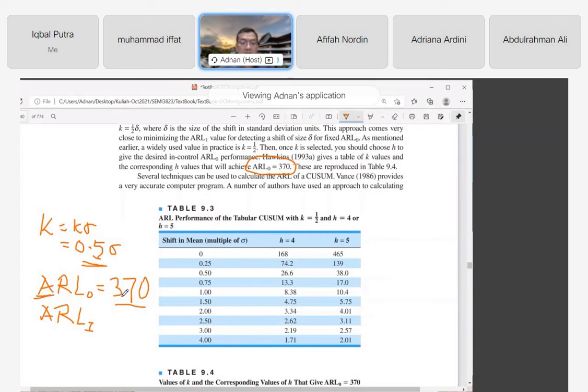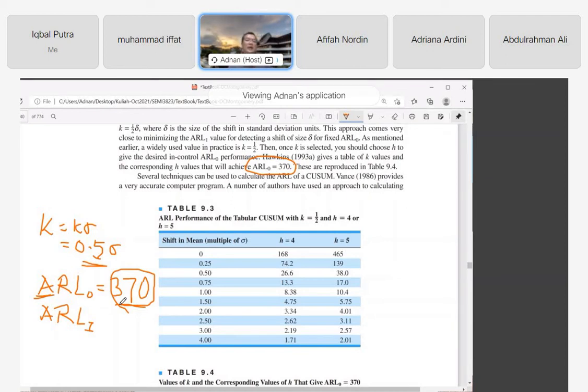But when you take the average, you get 370. A perfect process will never have a false alarm and will continuously run without triggering any alarm. But as we know, statistics are taken from sampling, so mistakes can happen.